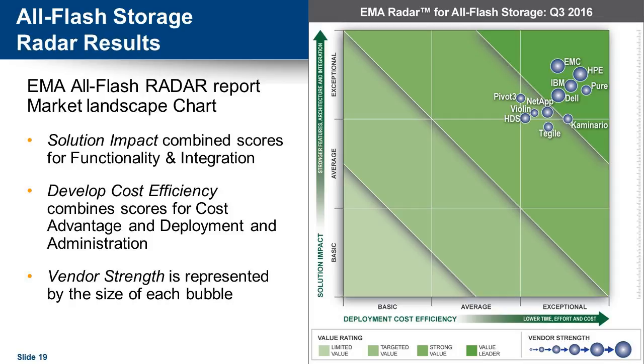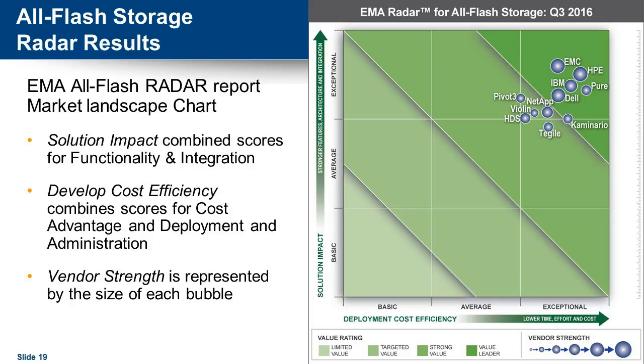Basically, the vertical axis combines the scores of functionality and integration, and the horizontal axis combines the scores of cost advantage and deployment and administration to define the full deployment cost efficiency.